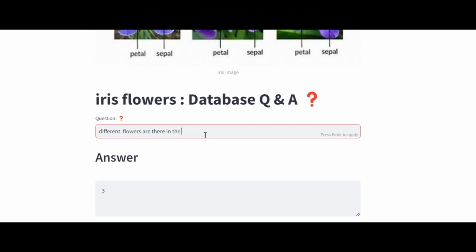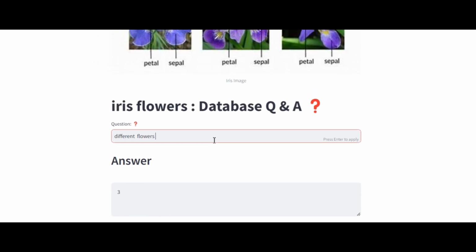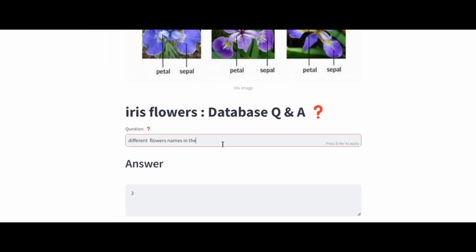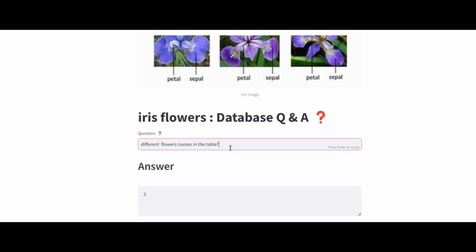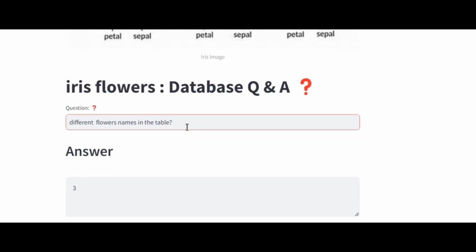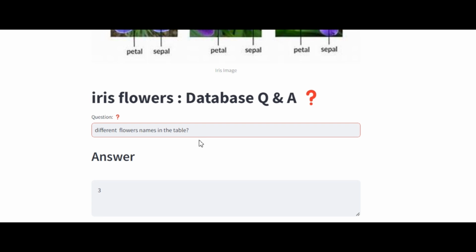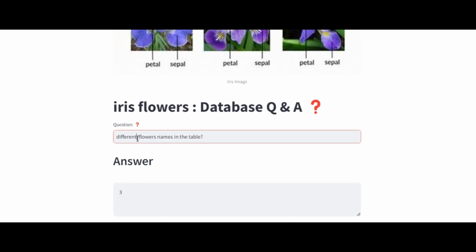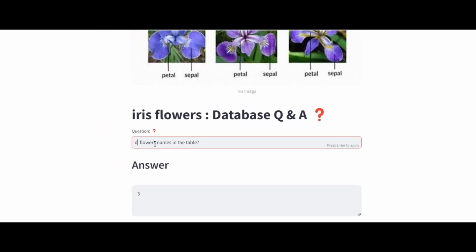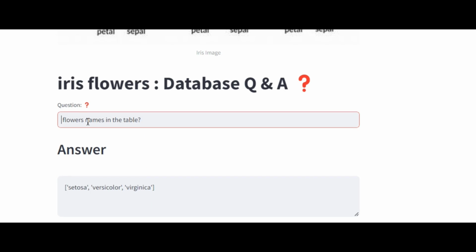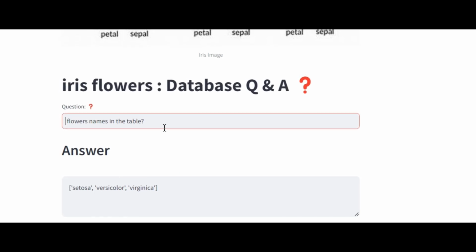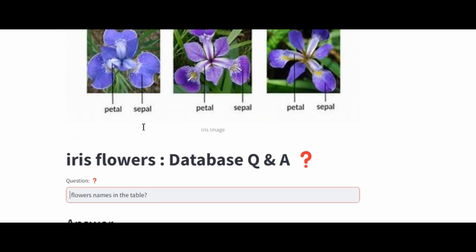Now I am going on to one more. You can see it on the screen. Different flower names in this table. Still it is giving 3, so we try to give the flower names. This is Setosa, Versicolor, Virginica. These are the names it has printed.